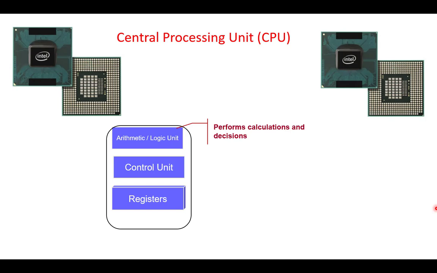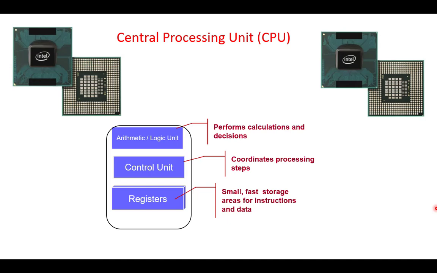The second important unit is called the control unit. The control unit coordinates the processor steps, like coordinating internal and external devices. That is the job of the control unit. And the third important section in the CPU is called the register. A register is a small amount of memory inside the CPU.